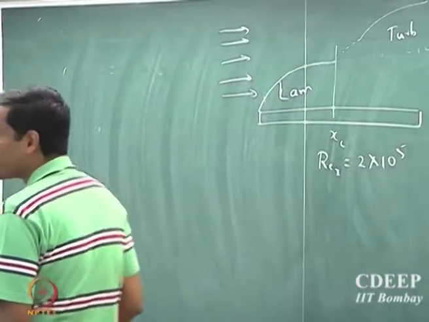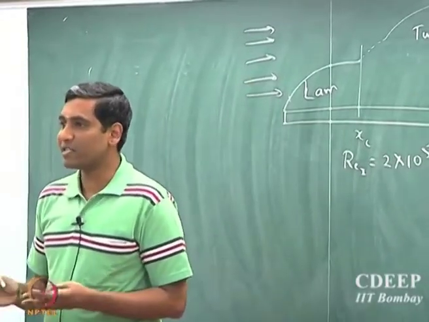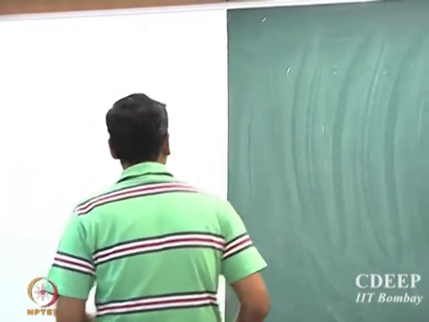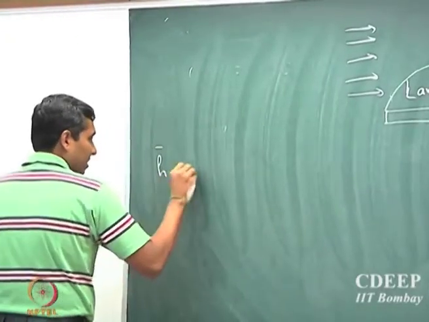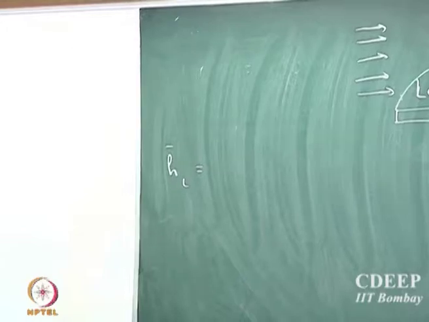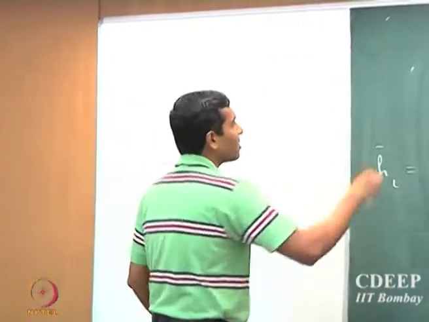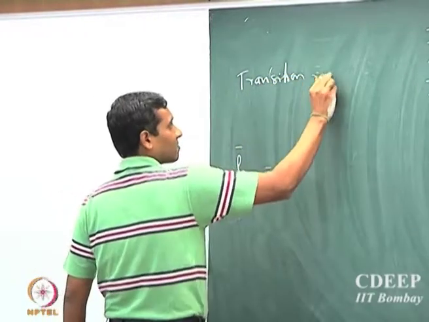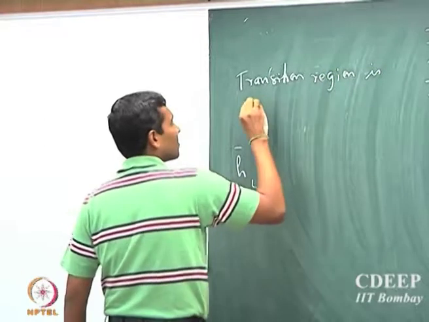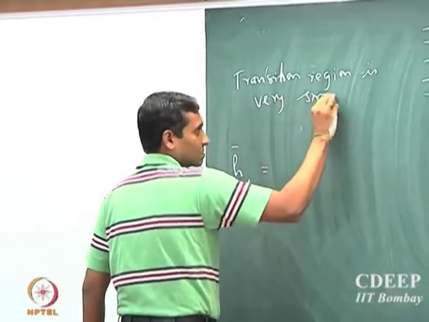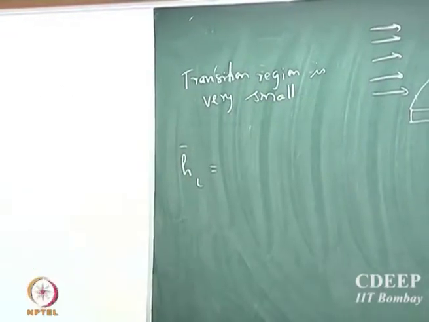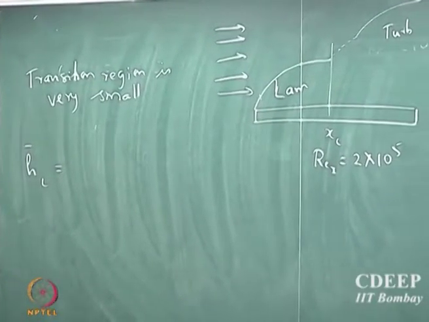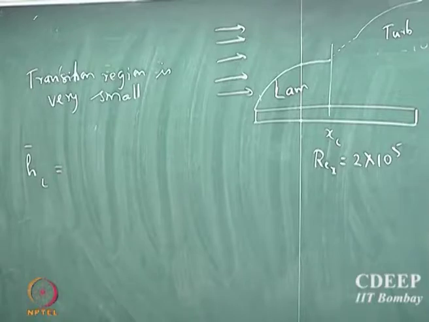So remember that what we are interested in is only the average heat transport and average mass transport coefficient. So we would really require to calculate the average heat transport coefficient for the full plate. Suppose we assume that the transition region is very small, so remember that transition region is a flow condition which has not been characterized, and it's not been fully understood as to what is the hydrodynamic condition in the transition region.